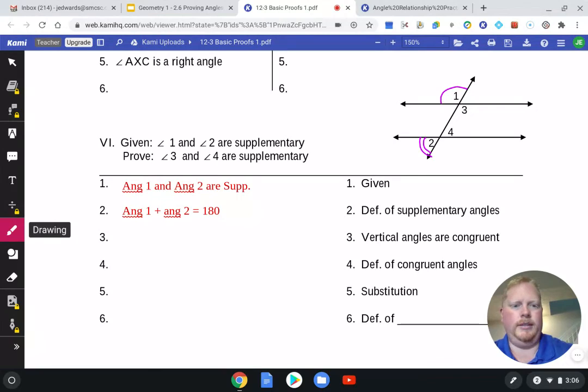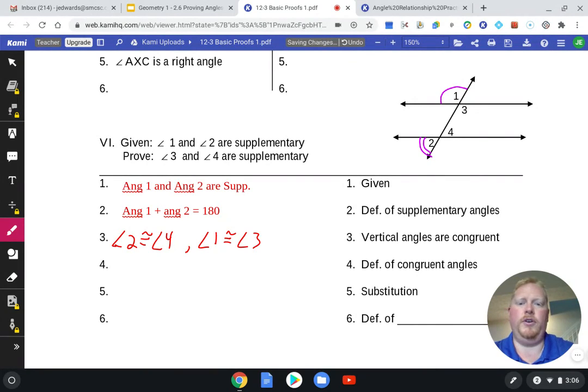So I can say that angle 2 is congruent to angle 4 because they're vertical angles. I can also say that angle 1 is congruent to angle 3 because of vertical angles.